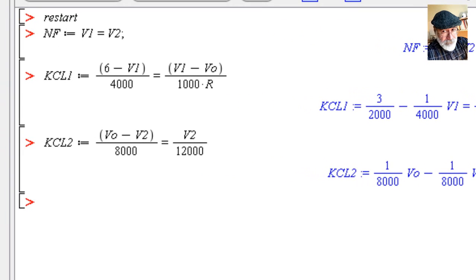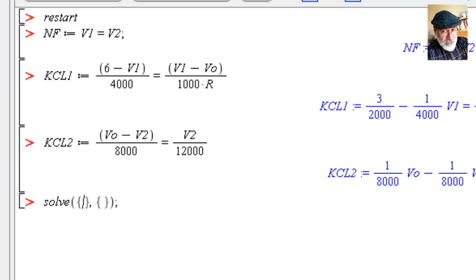How do we solve that? With the command solve. Solve, and in parentheses we specify what needs to be solved. First, the system of equations in curly brackets, and then in another set of curly brackets, what unknowns I want to solve for.